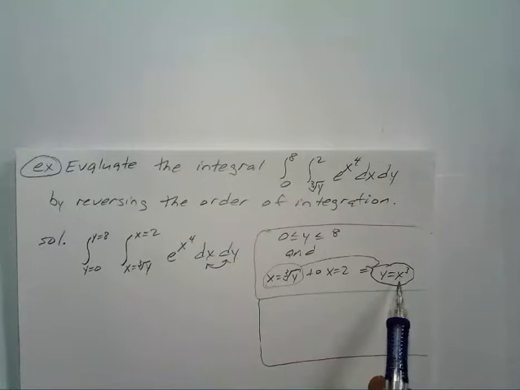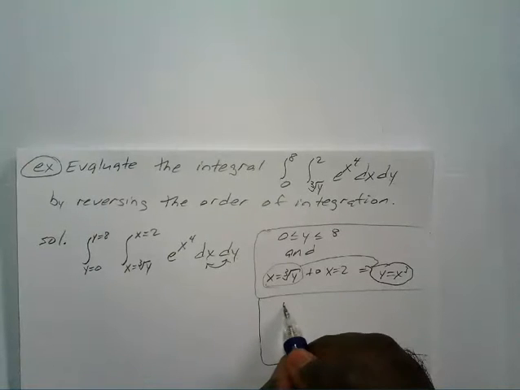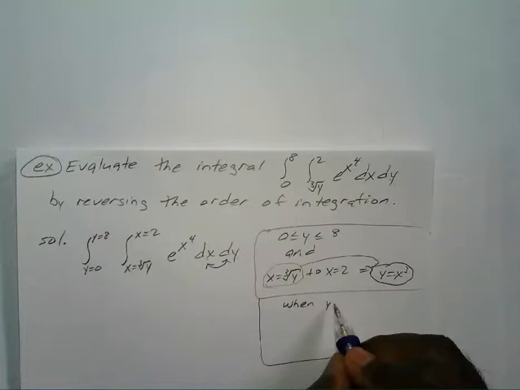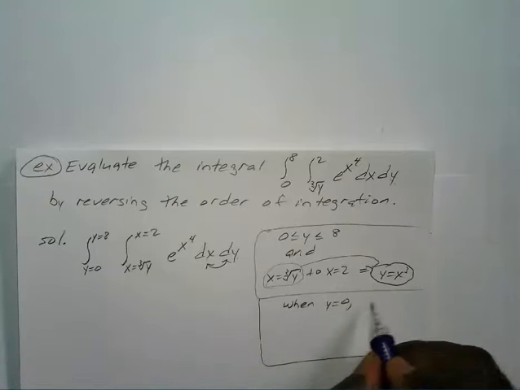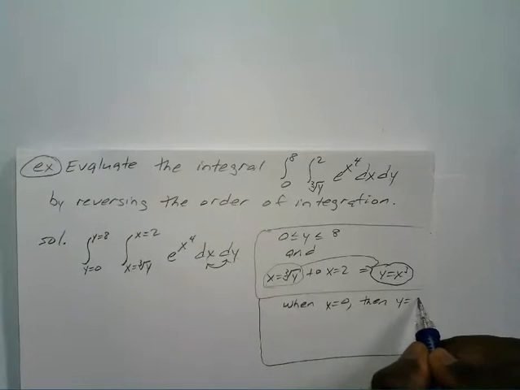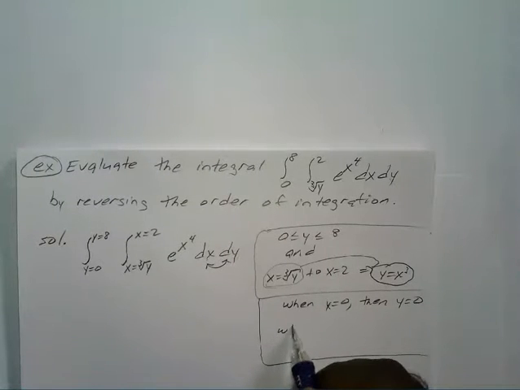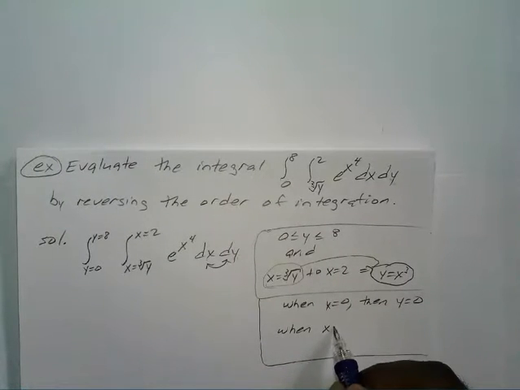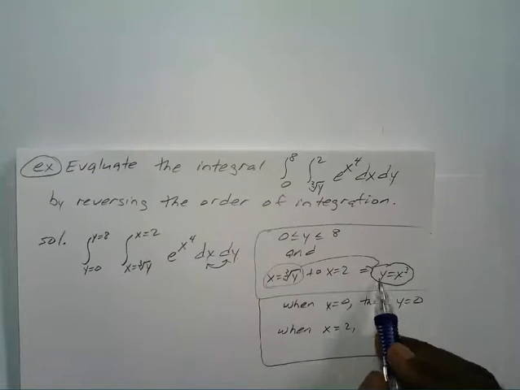Okay, so using this formula, when x is equal to 0, then we know that y is equal to 0. And when x is equal to 2, we know that y is equal to 8.